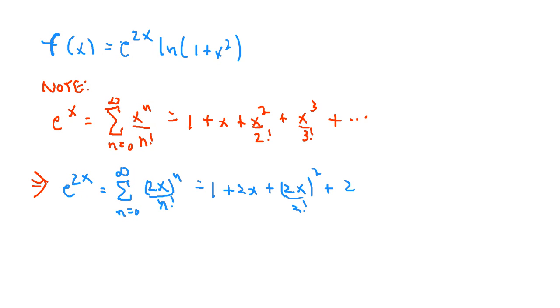See that? So you're using the Maclaurin series for e to the x power to help you get a Maclaurin series for e to the 2x power. See that?